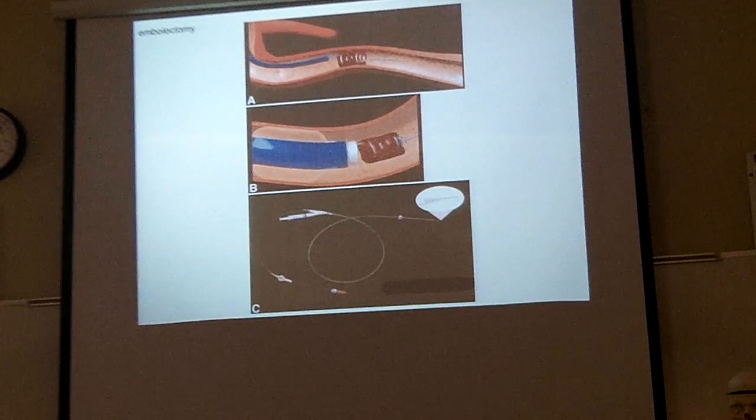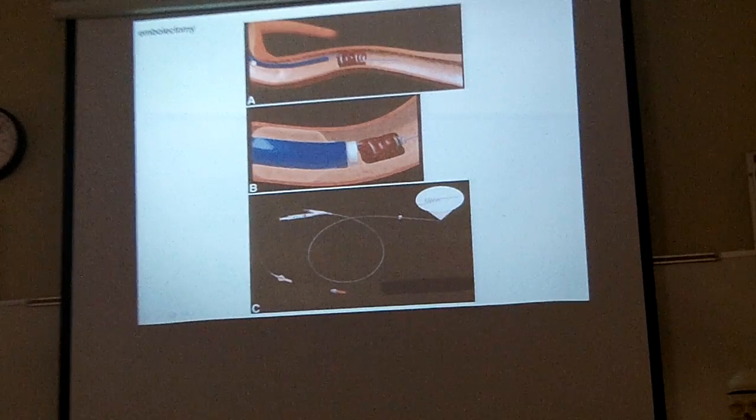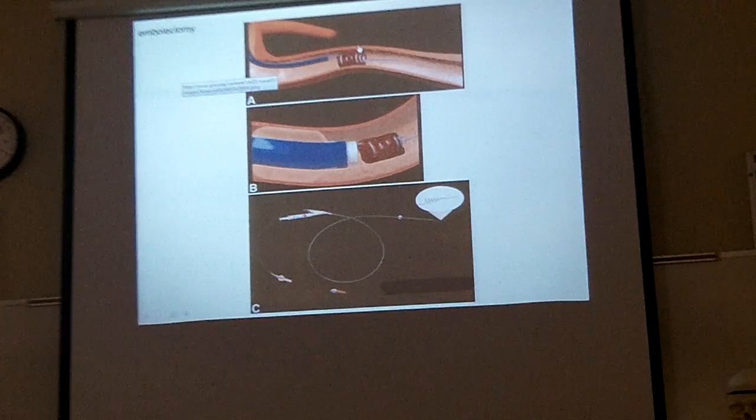Embolectomy: removal of an embolus through an incision in a blood vessel. An embolus is a clot that's blocking the blood. It looks like here they've made an incision and stuck something in to remove this clot.